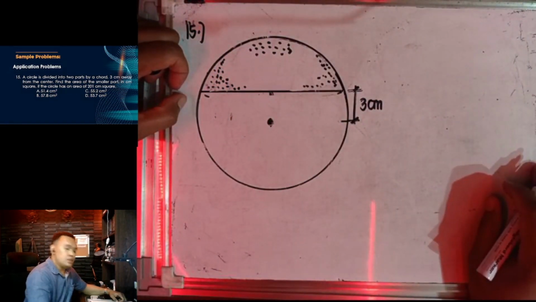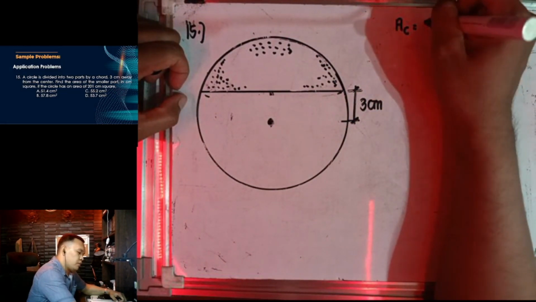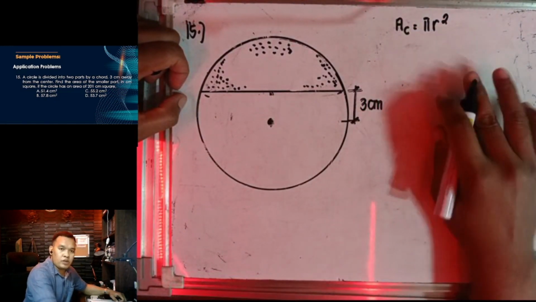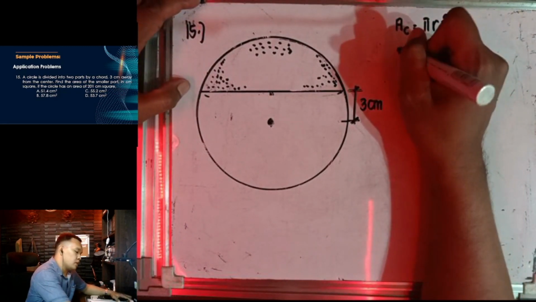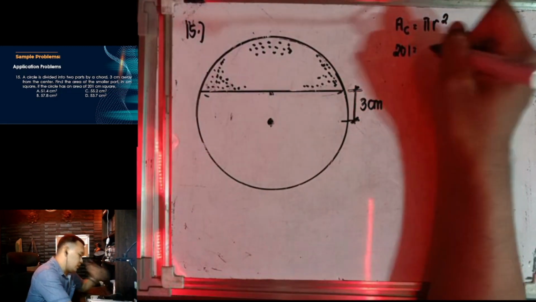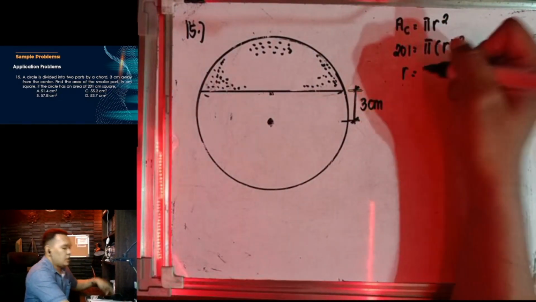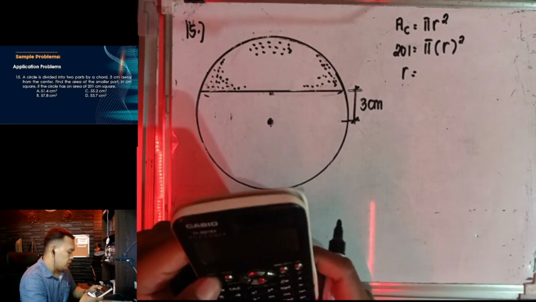So, we have formula, which is equivalent kay area of circle is equivalent kay pi r squared. Then, given kanina yung area of circle, which is 201, to get the value of radius or r. So, 201 is equivalent kay pi times r squared. So, r is equivalent kay square root of 201 divided by pi.